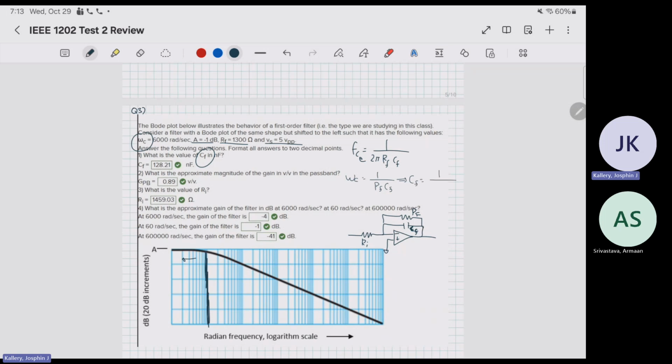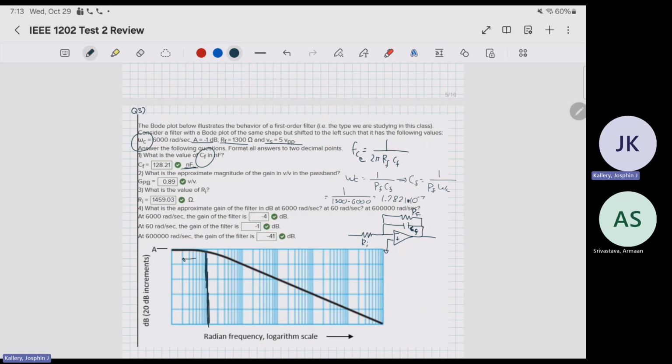CF equals 1 over RF omega C, which should be 1 over 1,300 times 6,000, and that should be like 1.2821 times 10 to the -7, right?